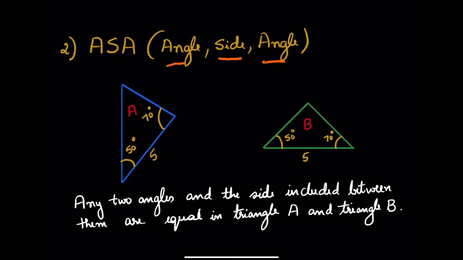Let's consider triangle A and B. Here, the side with length 5 is between angle 50 and 70 in both the triangles. So between 50 and 70 we find a side with length 5. This means that according to criteria number 2, which is ASA criteria, triangle A and triangle B are congruent.